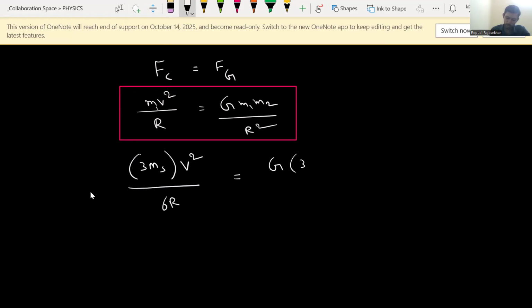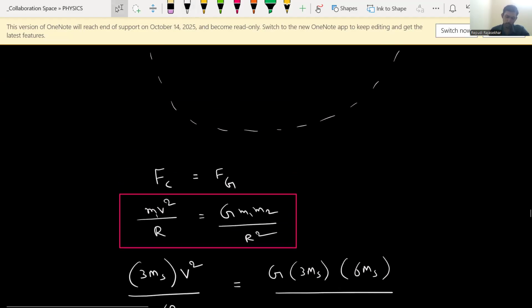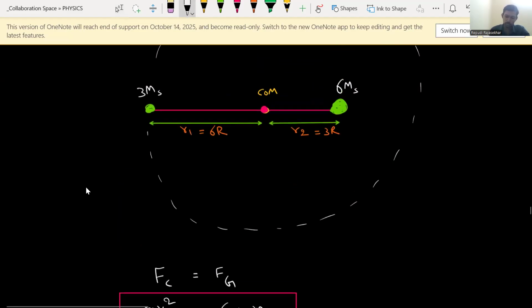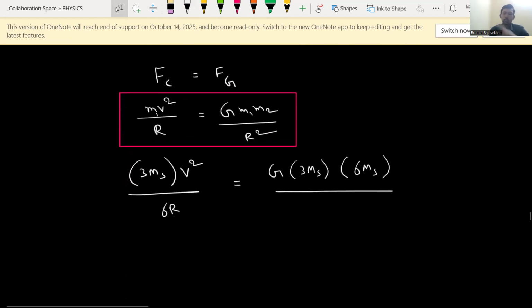G into one particle mass is 3m, the other particle mass is 6m, divided by the total distance between these two particles. What is the total distance between these two? 9r. So that r square is there, that means 9r square, so it becomes 81r square. I hope the total distance between these two particles is 9r. In the formula square is there, so 9r whole square becomes 81r square.